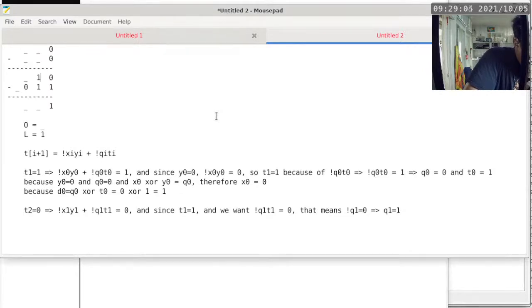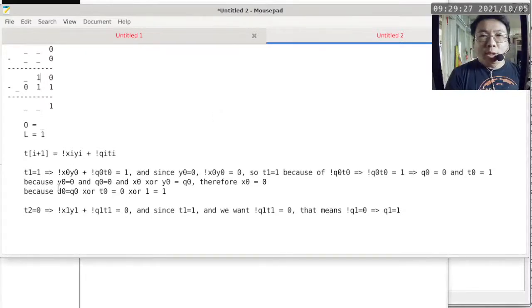Based on T1, not really sure what that means. T1 equals not x0, y0, but it's not just that. It's the result of an OR.